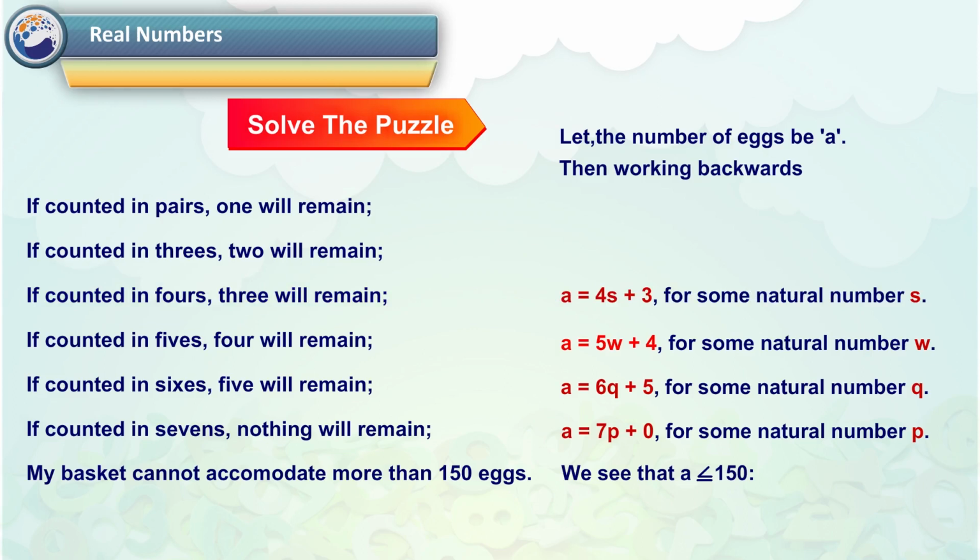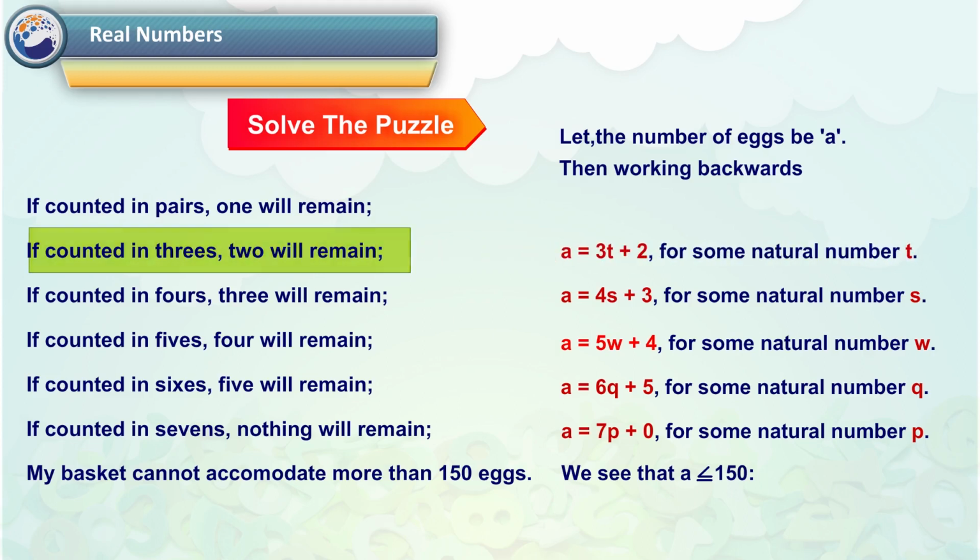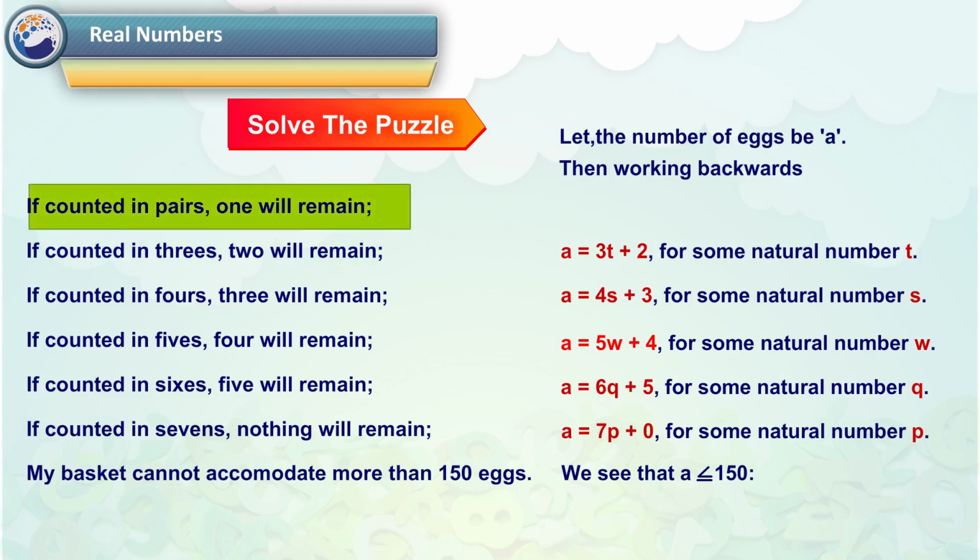If counted in fours, 3 will remain, that is A = 4s + 3 for some natural number s. If counted in threes, 2 will remain, that is A = 3t + 2 for some natural number t. If counted in pairs, 1 will remain, giving A = 2u + 1 for some natural number u.